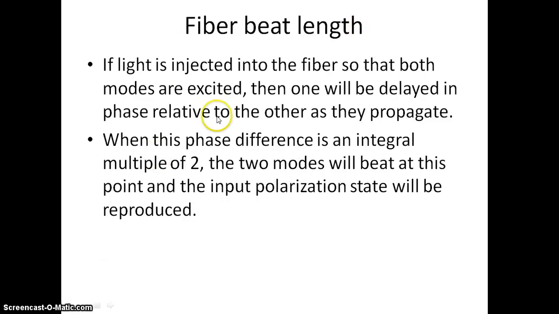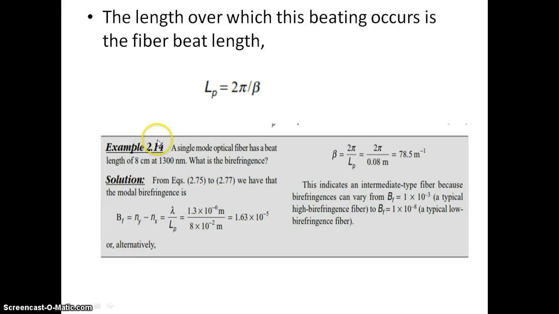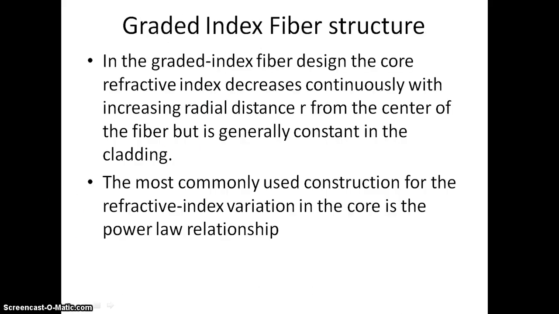Beating means if the light is injected into the fiber so that both modes are excited, then one will be delayed in phase with respect to the other. At a particular point, when this phase difference is an integral multiple of 2 pi, the two modes, that is horizontal and vertical modes, will beat at this point, and the input polarization state will be reproduced. That is called the beat length, L_B equal to 2 pi by beta. So this is about the single mode fiber.